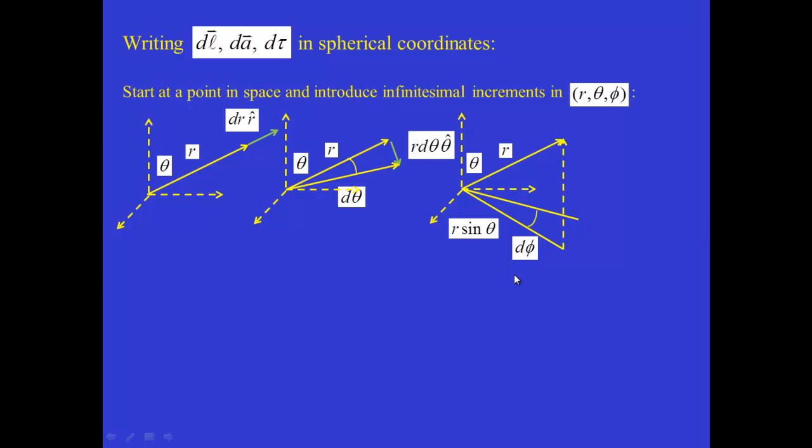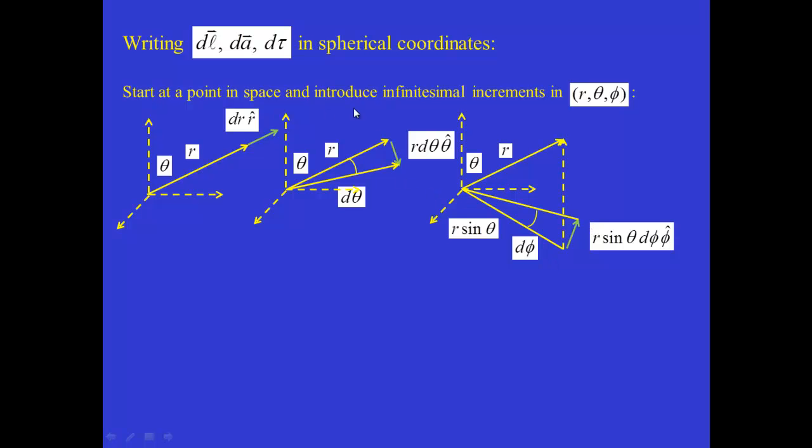Well, it's pretty simple to see that, again, this will form the side of a triangle opposite an angle d phi, where the leg of the triangle is r sine theta. And so that displacement for a positive rotation is r sine theta d phi times phi hat. It's in the phi hat direction.